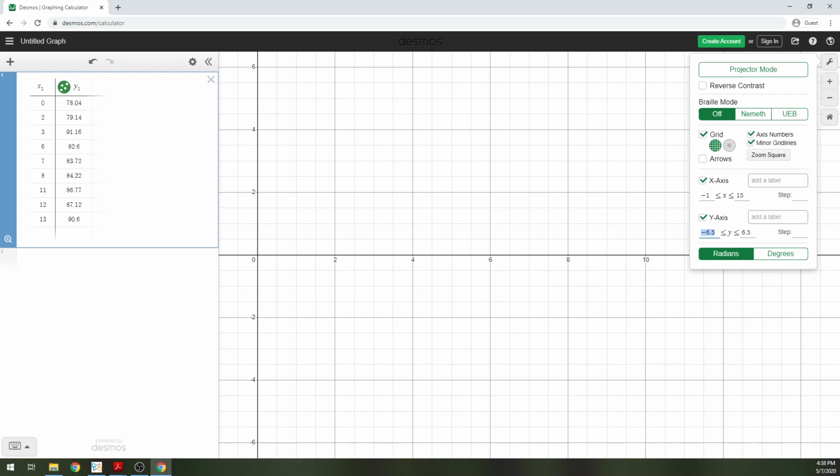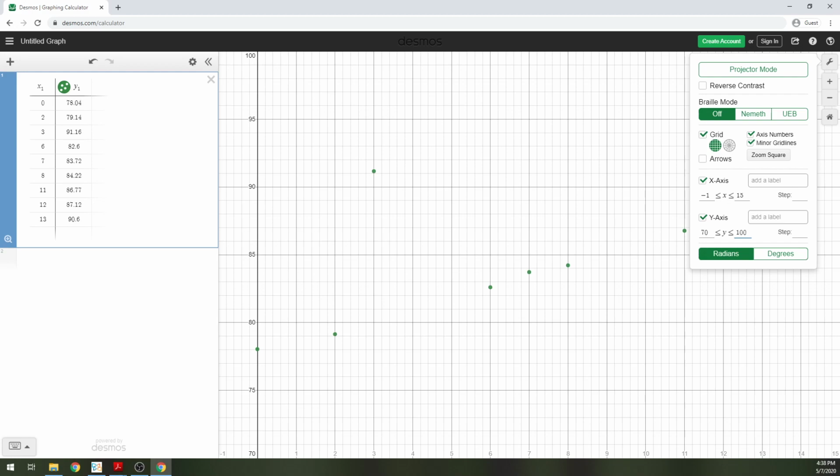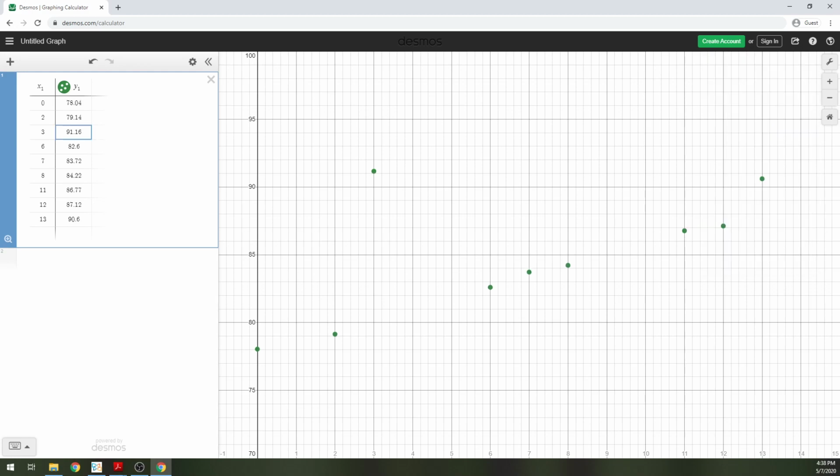And for the y values, we can start at maybe 70 and go up to 100. So once you do that, oh, there's a mistake somewhere here. Right, 0.3 is 81.16, not 91.16. Sorry about that. So you can see our 9 data points are here on the scatter plot.